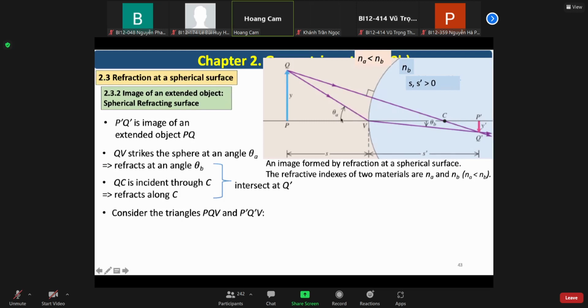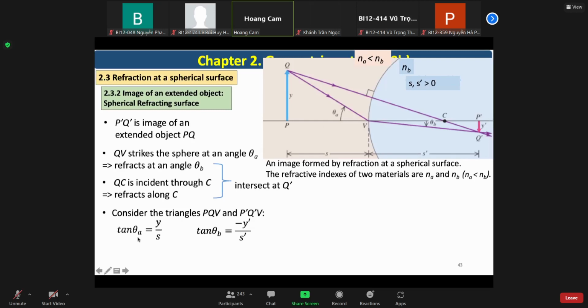We consider the two right triangles, PQV and P prime Q prime V, because we have this side with the height of the object and the height of the image. They have the tangent: tangent of theta A equals the opposite divided by the adjacent.